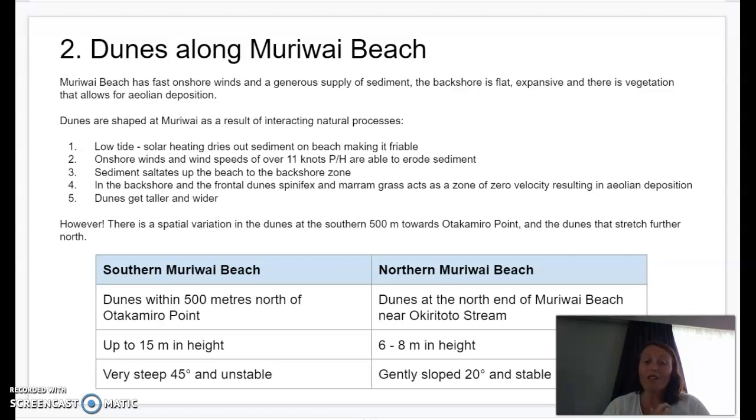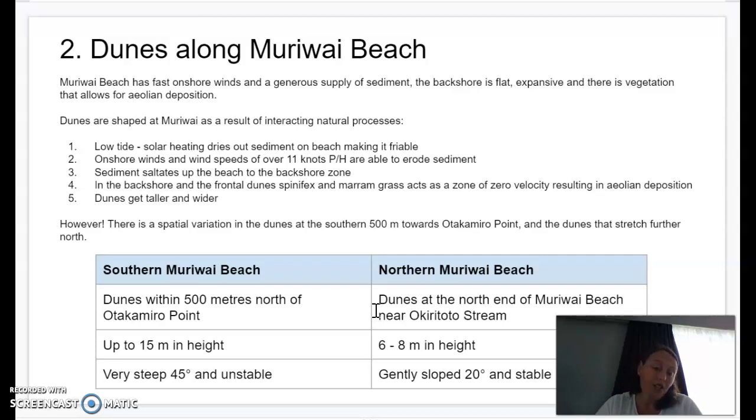Once it hits that zone of zero velocity, which is when it hits our grasses, our spinifex, our marram, and our pingao grasses. And those are the key things that make the sand dunes quite different at the northern end of the beach and the southern end of the beach. At the northern end of the beach, up near Okiritoto Stream, they're lovely sand dunes.